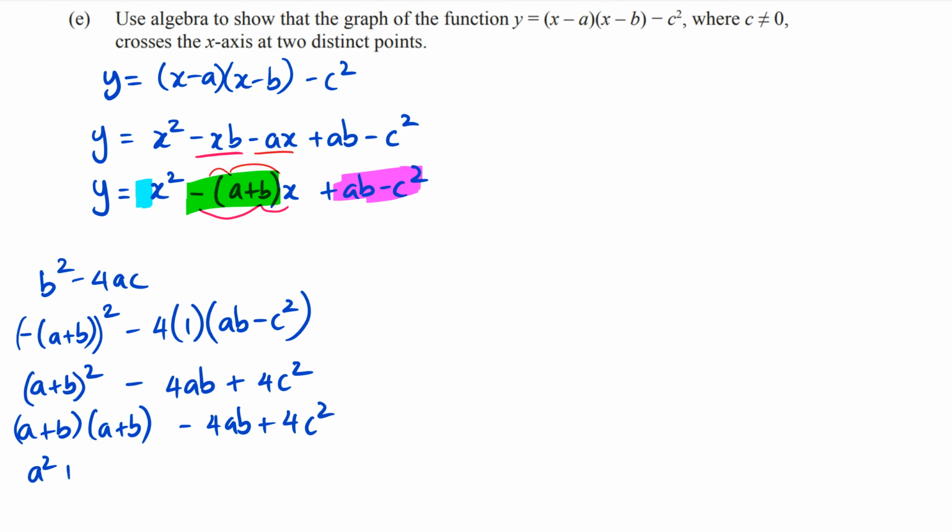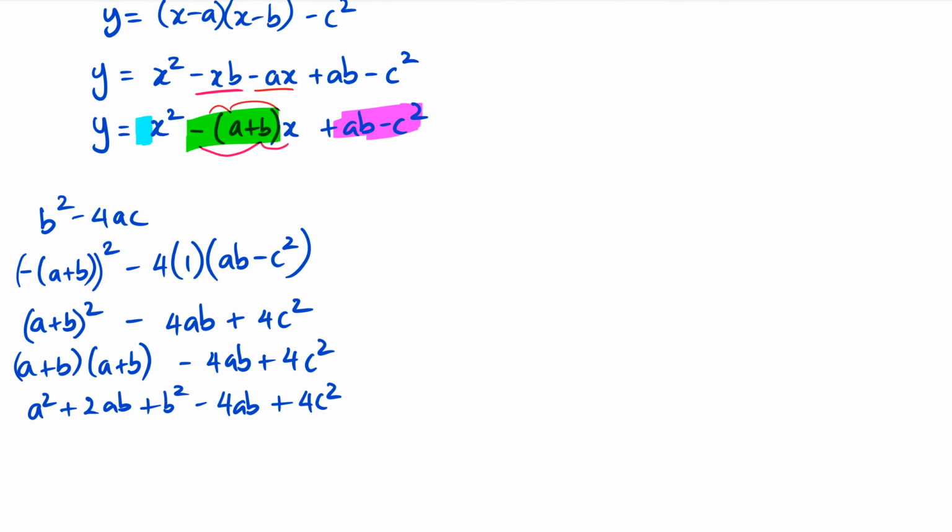I'm going to get a squared plus 2ab plus b squared minus 4ab plus 4c squared. Carrying on here, the 2ab minus 4ab is equal to negative 2ab. So I'm going to get a squared minus 2ab plus b squared plus 4c squared.